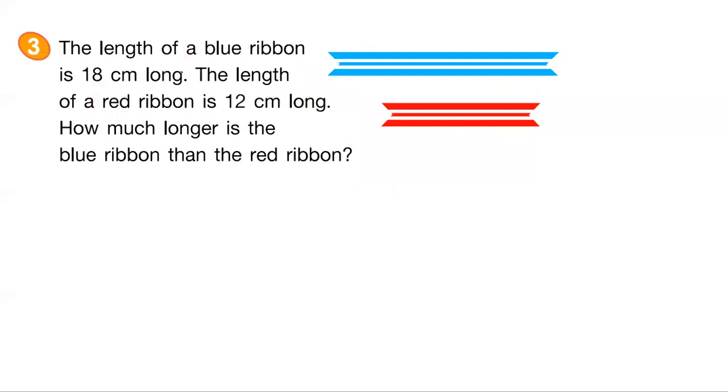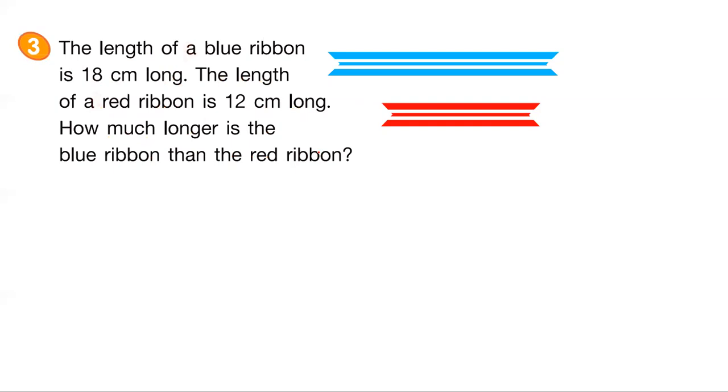Question 3. The length of a blue ribbon is 18 centimeters long. The length of the red ribbon is 12 centimeters long. How much longer is the blue ribbon than the red ribbon? How much longer?